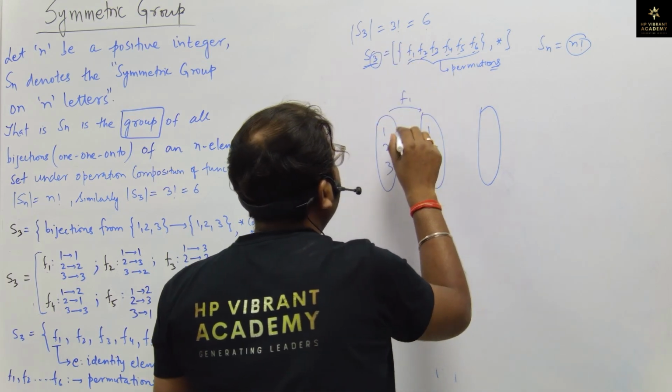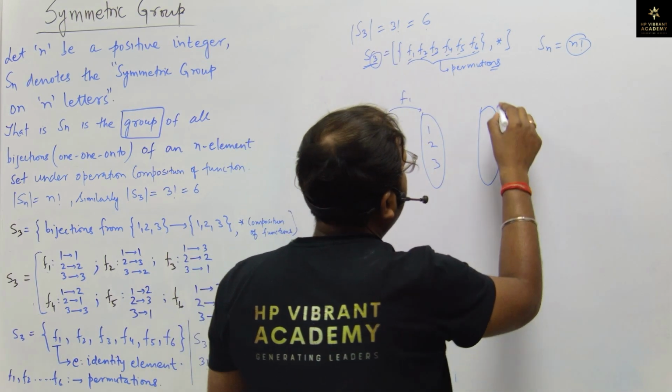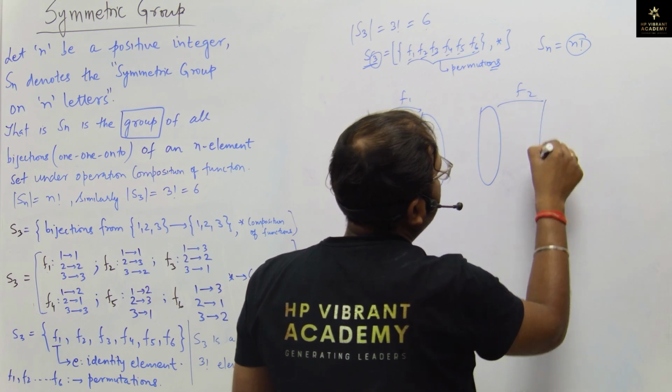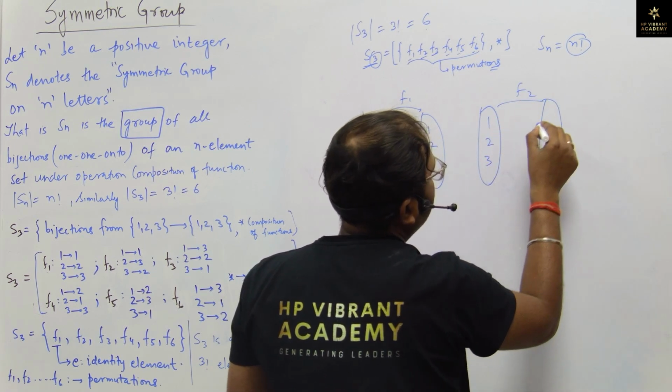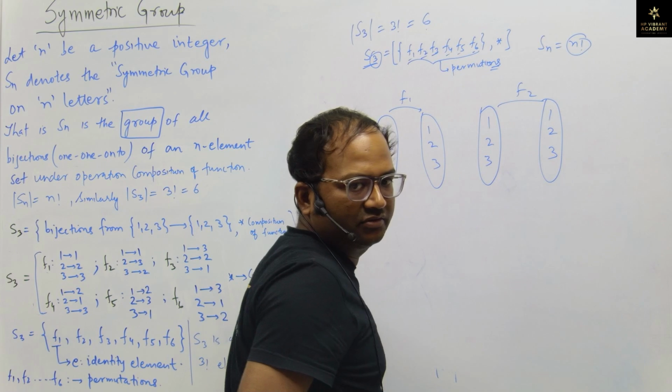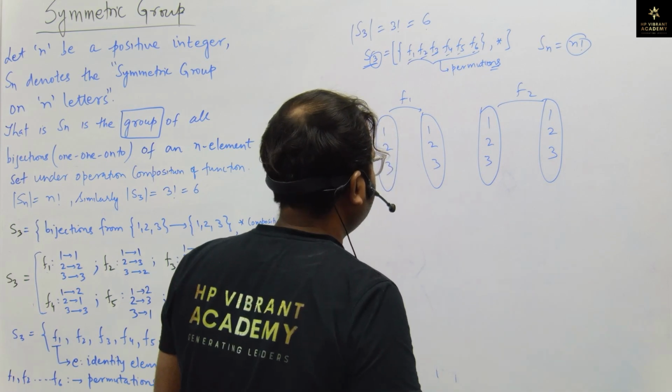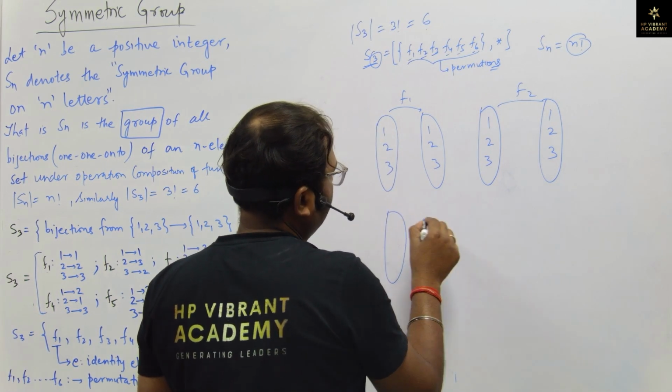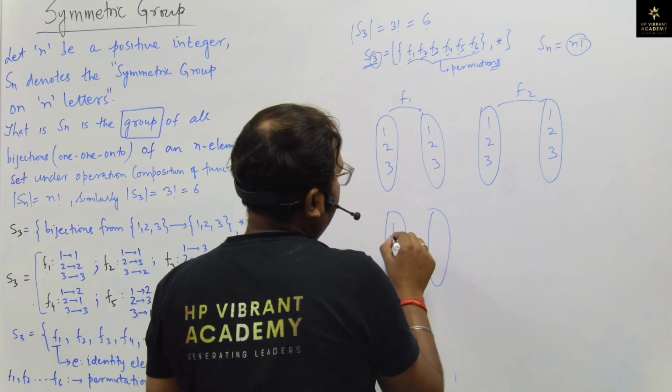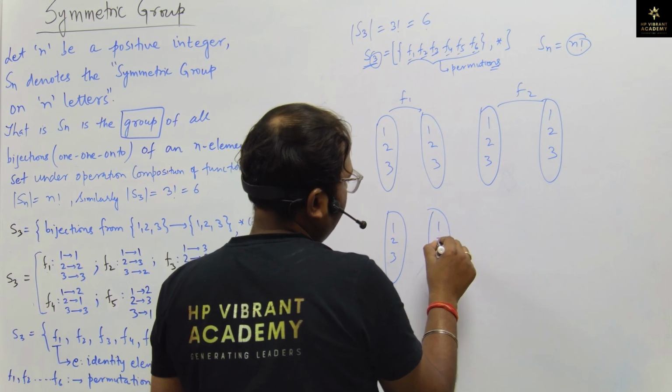So we have 3 elements 1, 2 and 3. This is F2. 1, 2 and 3. This is 1, 2 and 3.